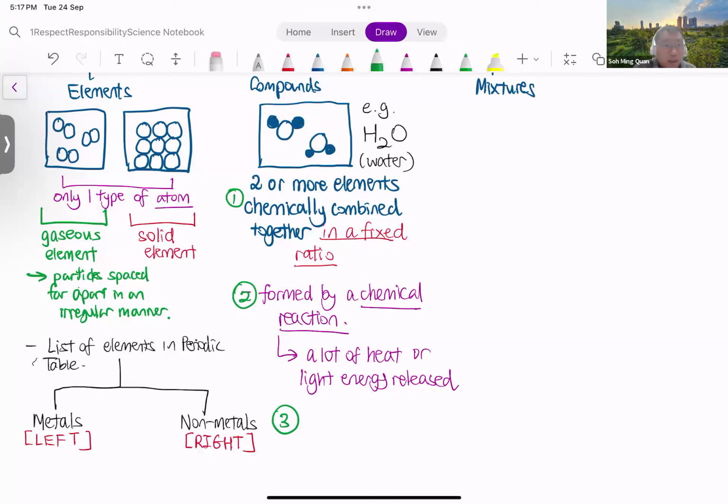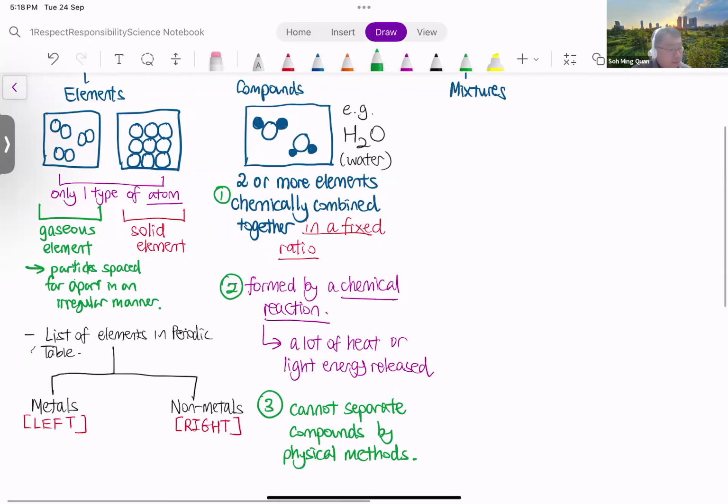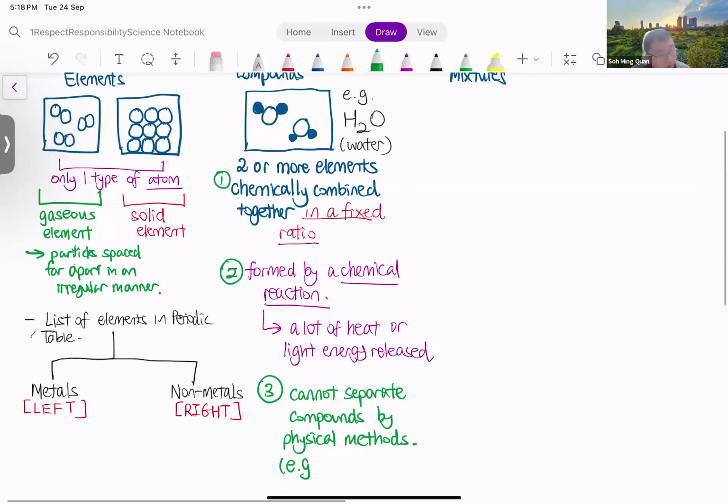It's very hard to break down the compound. You cannot separate the compound by physical methods. So what is the meaning of physical methods? Physical methods are things like filtration. I cannot just separate the hydrogen and oxygen in water through filtration.